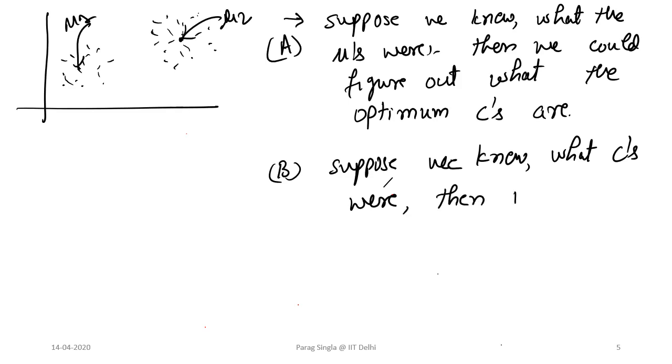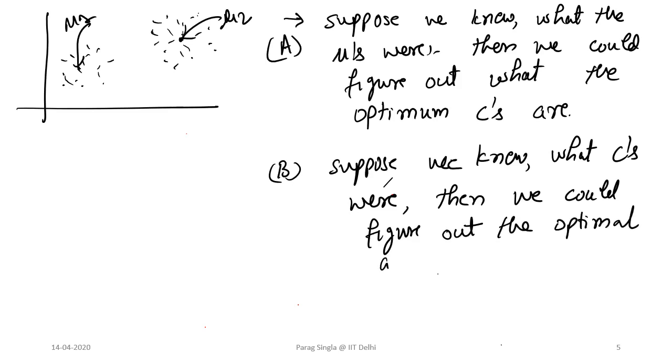Then essentially we could figure out the optimal mu's. So if we really knew which cluster each point belongs to, in this case there could be, let's say, two different clusters.